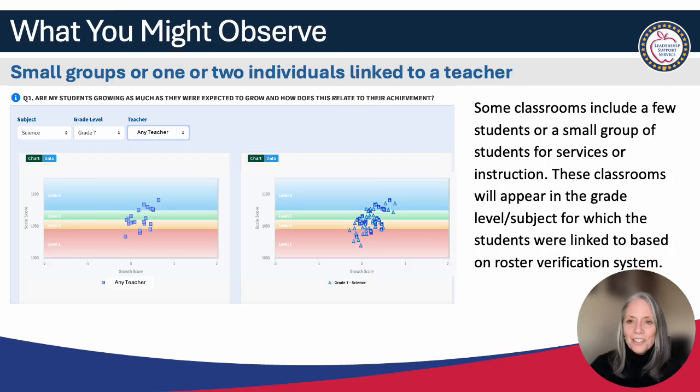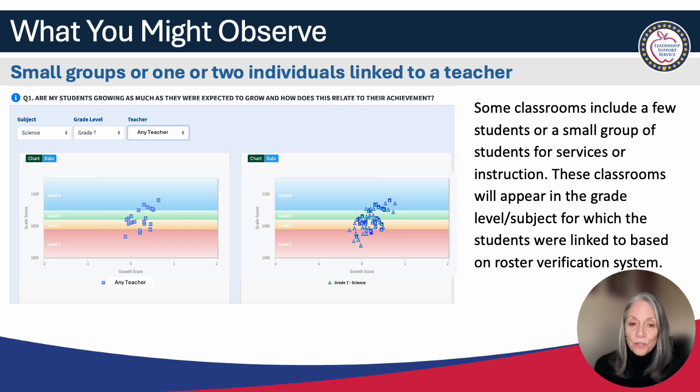One of the things that you're going to notice is that there are going to be some classrooms that have a full set of students, maximum class size, as you would expect. And there are going to be some classrooms that consist of only 1, 2, or 3, or 5 students.